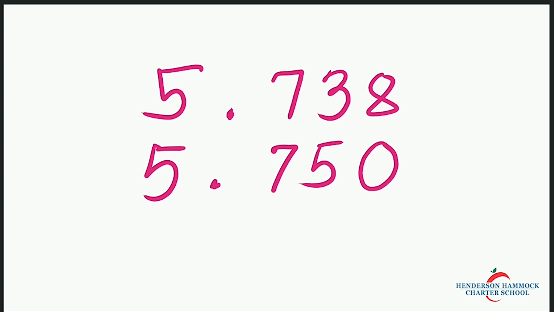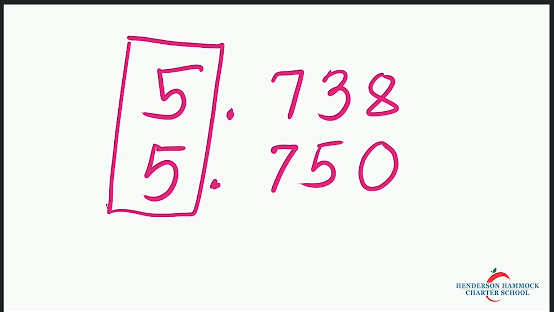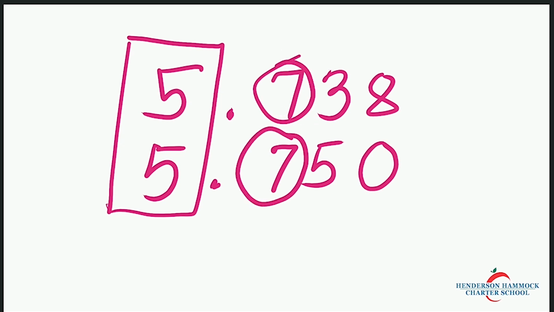In front of the decimal point, we have a 5 and a 5, and that's the same. So we will proceed to the next digit, or we will compare each decimal place value. As you can see here, we have a 7 and a 7 in the tenths place. So right now, we're still equal.